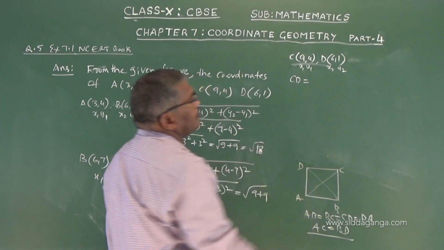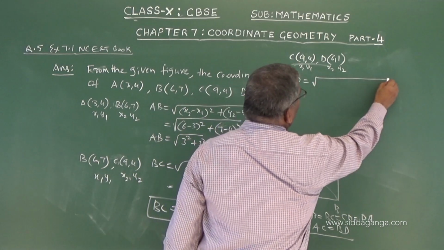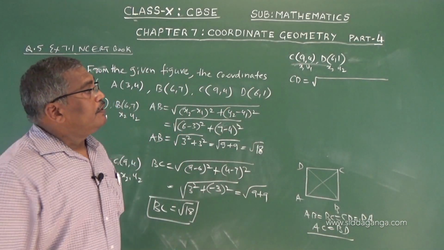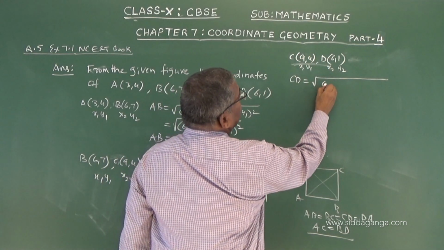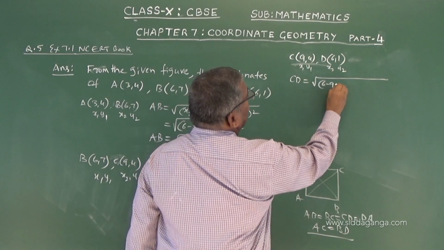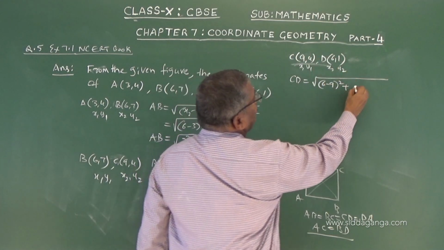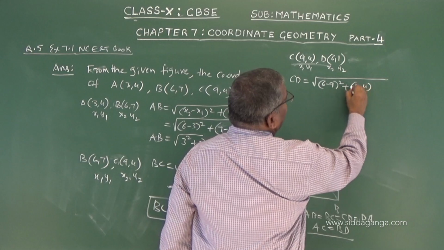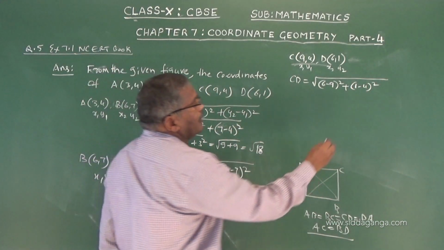CD equals square root of (x2 minus x1) whole square, (6 minus 9) whole square, plus (1 minus 4) whole square, (y2 minus y1) whole square.